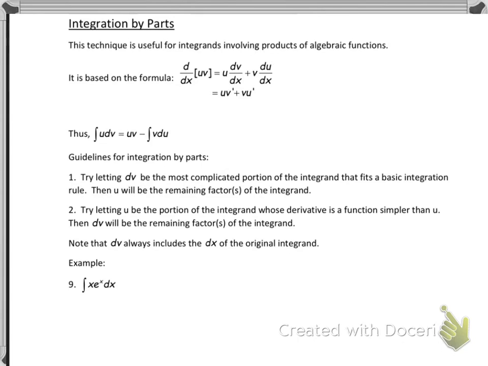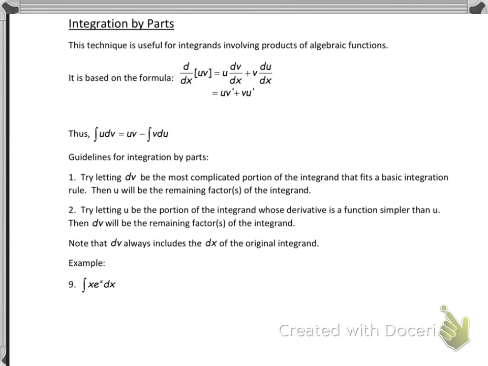So we had to remember how you took the derivative of a product. And you said left d right plus right d left, or u dv dx plus v du dx, which we can simplify as u v prime plus v u prime. So see where all that's going.